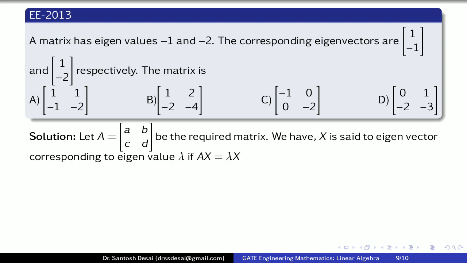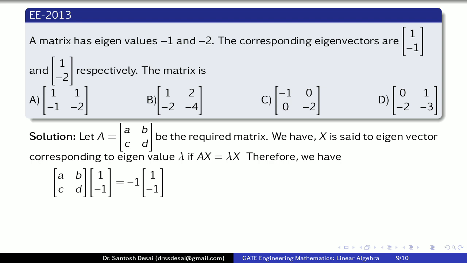So with this property one can write, let us consider matrix A, that is a, b, c, d, into the eigenvector 1, minus 1 is equal to the corresponding eigenvalue minus 1 into that vector. Simplifying this, we will get a minus b, c minus d is equal to, now multiplying, minus 1, 1. So this gives two equations, a minus b is equal to minus 1 and c minus d is equal to 1.